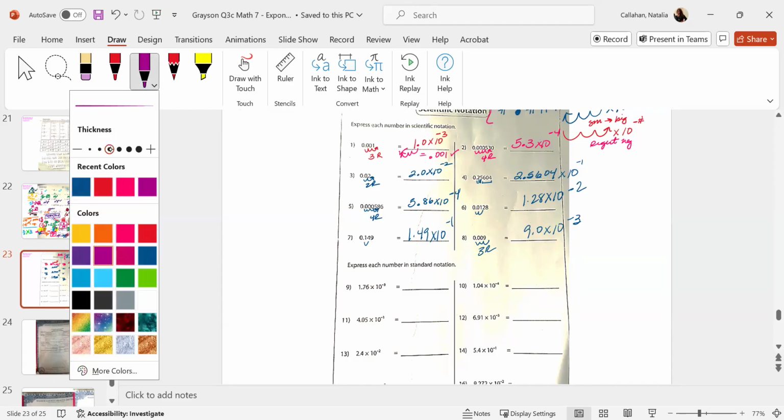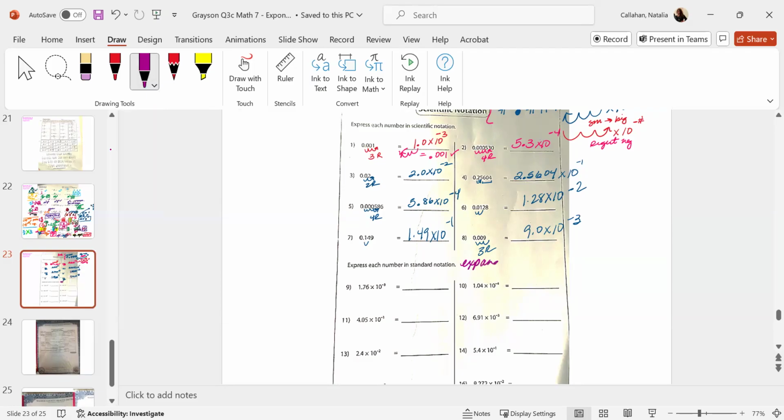Okay. Number 9. Now we're going to kind of expand this. We're going to expand from scientific notation to expanded form. Does that make sense? Negative 3. 1, 2, 3. That's your new dot, okay? 2 zeros, 0.00176.